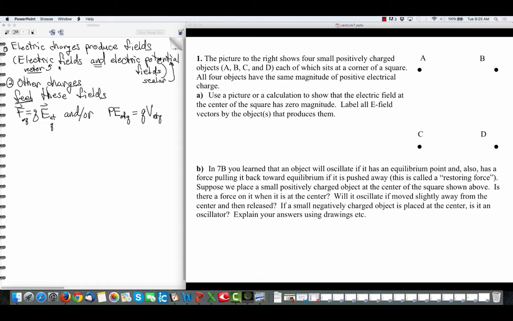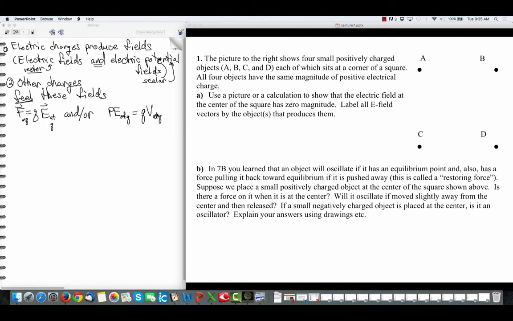these are invented and talked about essentially to get to the end, which is other charges feel these fields. So if there's an electric field at some other charge Q, then Q times that electric field is the force on Q. It feels the electric field that sits at its location.